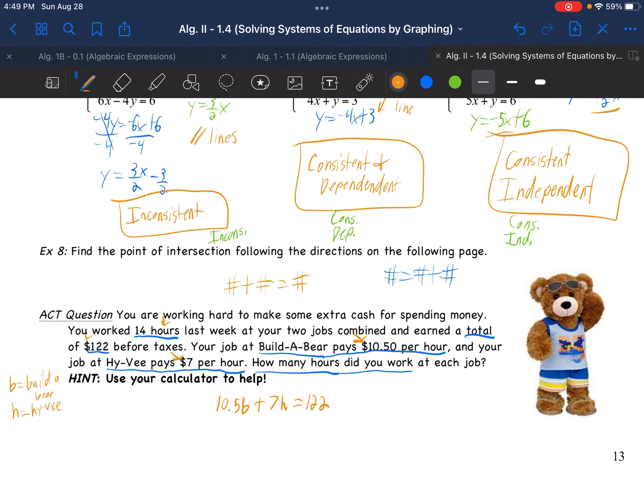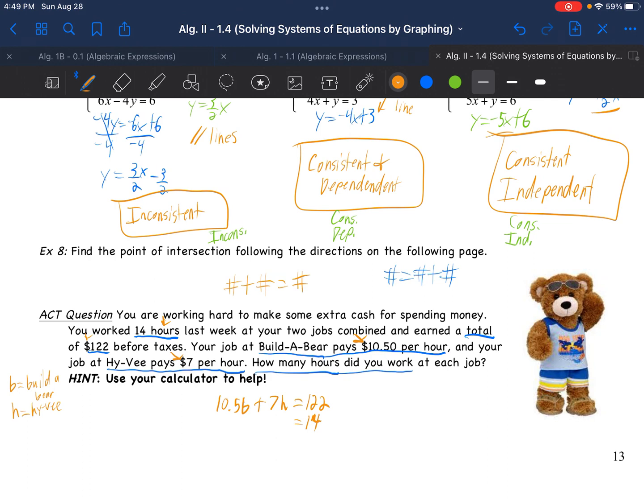The other equation has to involve the other number we haven't used yet, that 14 hours. Now we have to say, is 14 going to be a total number, the one it's adding up to, or is it one of the two numbers adding together? It said you worked 14 hours combined at the job, so that's the total amount of hours, so that's what is equal.